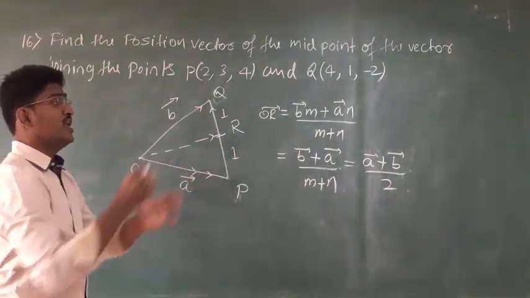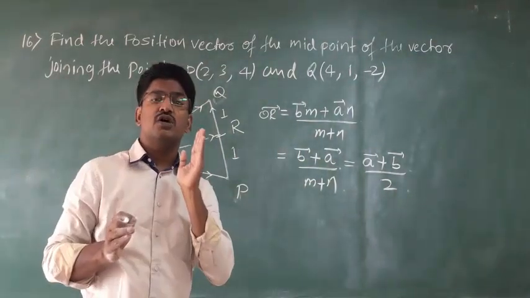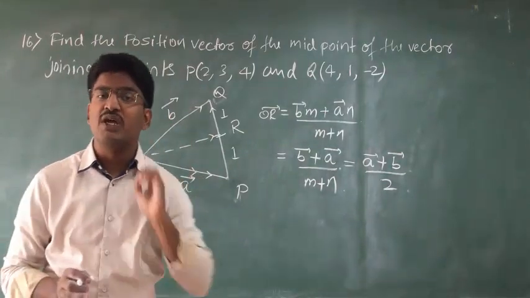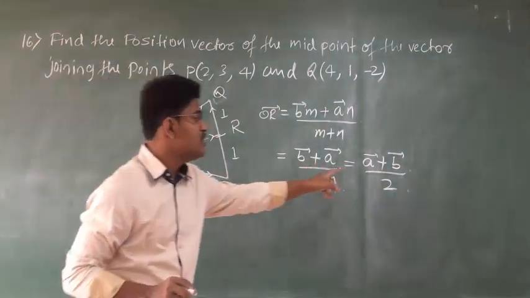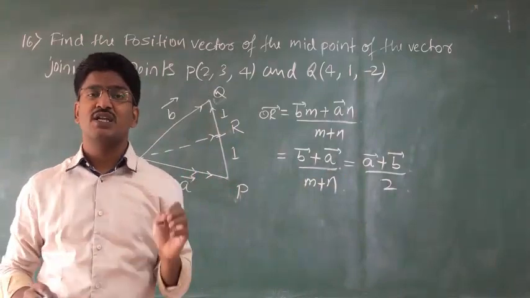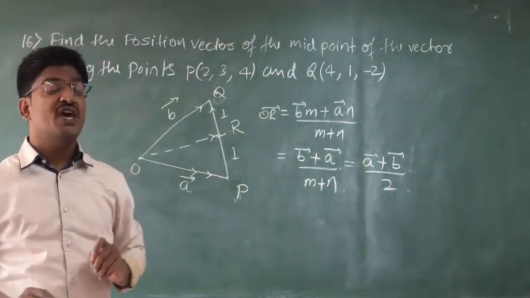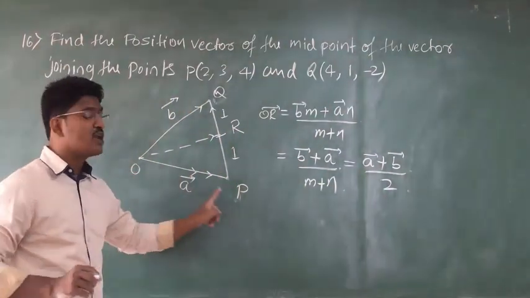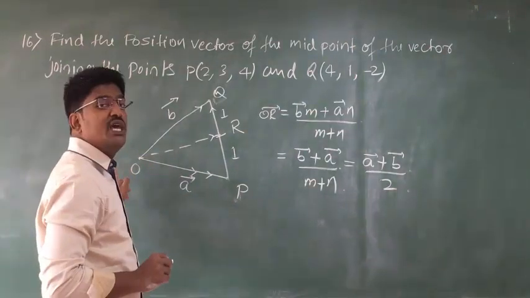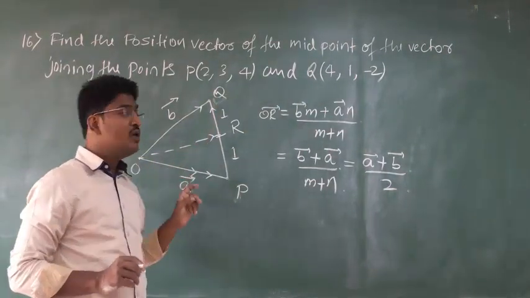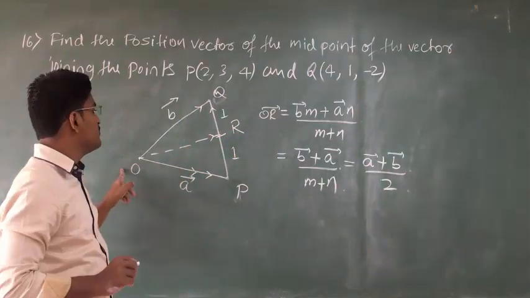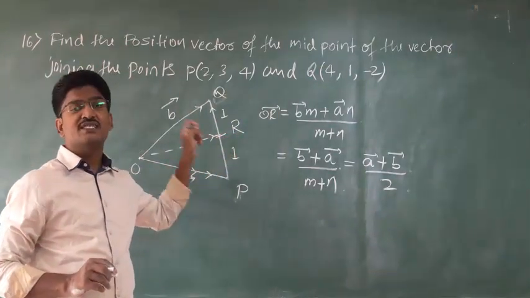Clear? So whenever they ask problems on the section formula with midpoint, please remember this: vector A plus vector B divided by 2, where vector A is position vector OP, vector B is position vector OQ, and vector OR is the position vector of the midpoint, that is R.